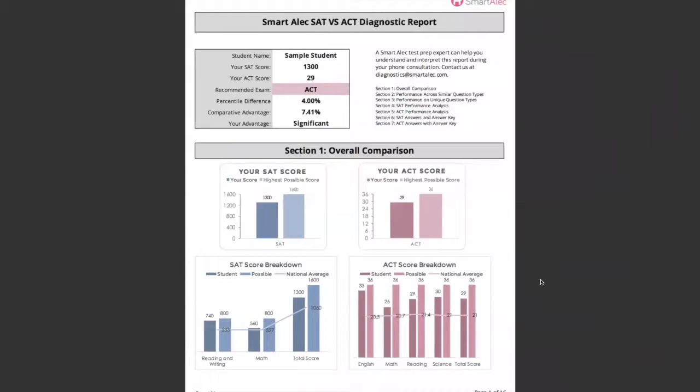And so what that means is taking a full-length SAT and a full-length ACT, not on the same day, give them time to sit and take those, and they should take them under standard conditions, so with the actual timing. And then we can take their answers from those and run them through this diagnostic software that we have here and produce a report like the one you see in front of you.